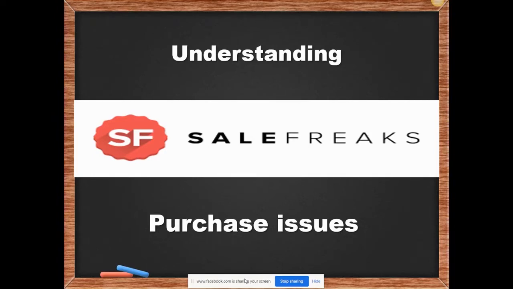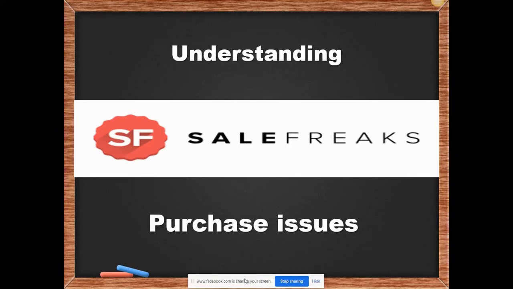Since everything is already automated in SaleFreaks, our job is to make sure that the automation is running smoothly. But it is still software, and there are still some, let's call it, not really mistakes, but slips.